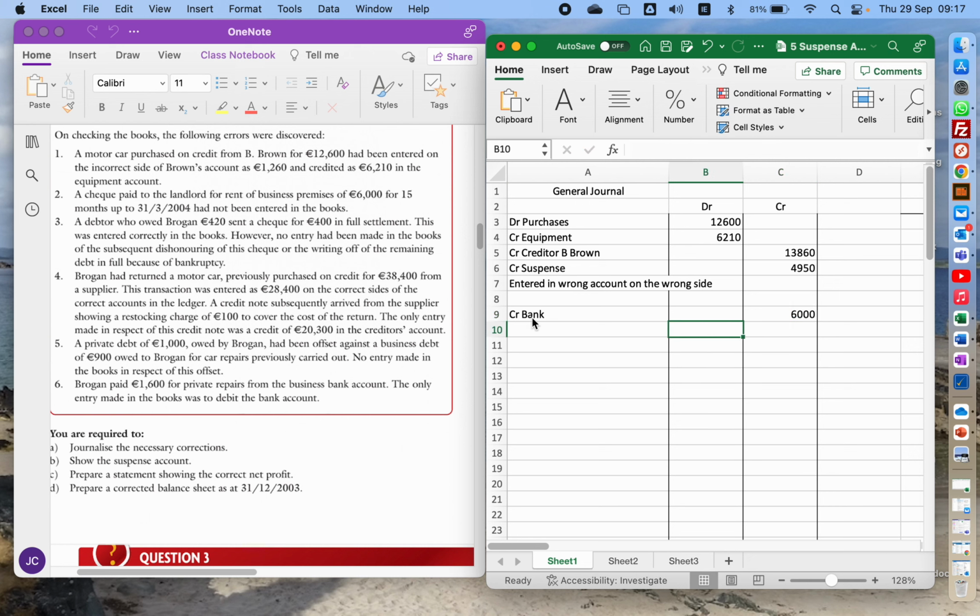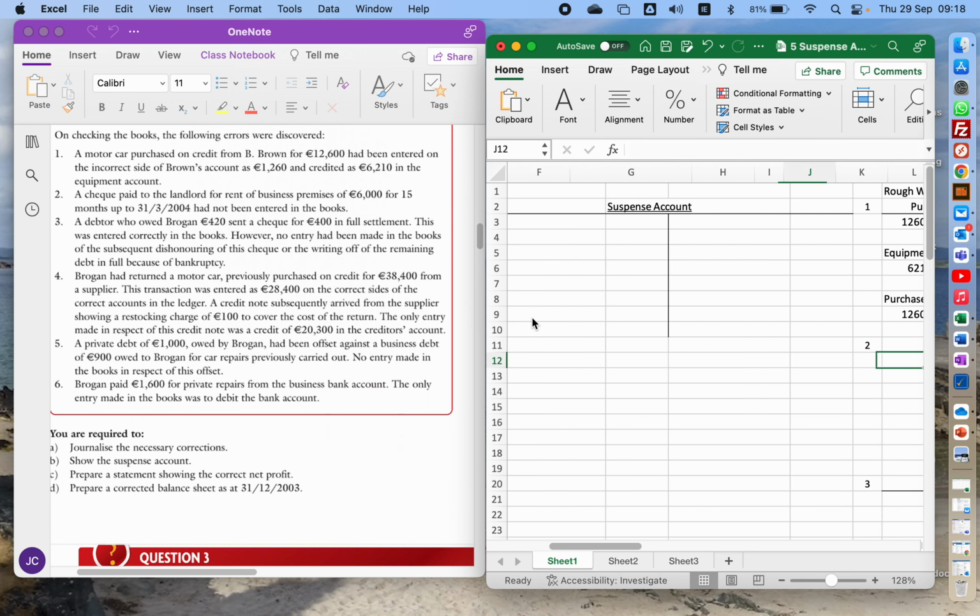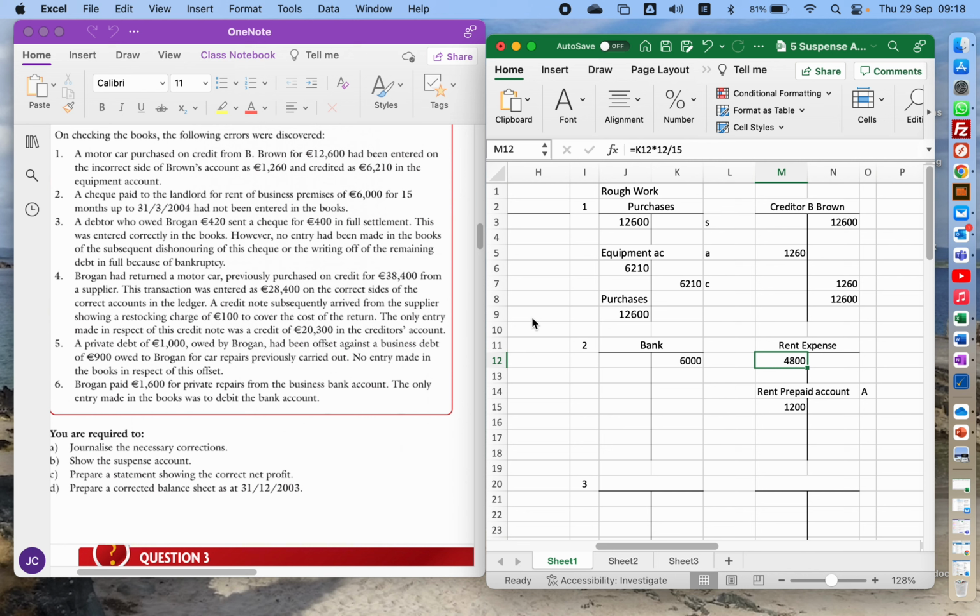We're going to have a debit of 4,800 in the rent account, and we'll debit rent prepaid with 1,200. Okay, so that's the first two of them done. I'll then do another video for the next ones.